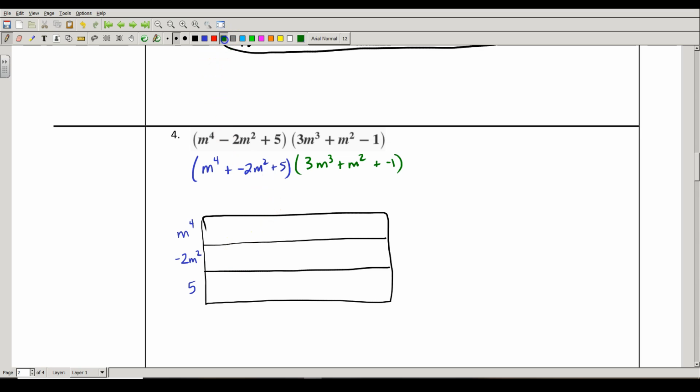Then on the top, we're going to put the other 3 terms in that polynomial. So we say 3m cubed, and then we have an m squared, and we have a negative 1. And I'm going to make those basically my columns. So this basically just structures your problem, because you know you're going to have to do, in this case, 9 multiplications.